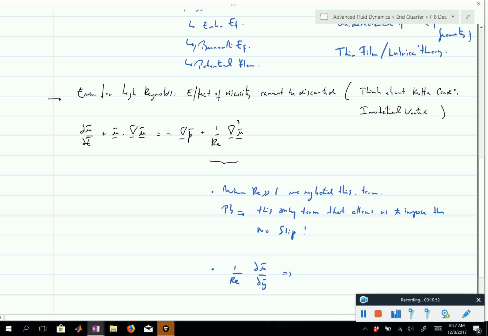Actually here you have the Laplacian because it's the divergence of the shear. Even if the Reynolds number is really, really large, and 1 over Re therefore is really small, the Laplacian or the second derivative could be large. But it could only be large if your characteristic distance for y is really small. You see that? And this is where the whole idea of a boundary layer comes in.